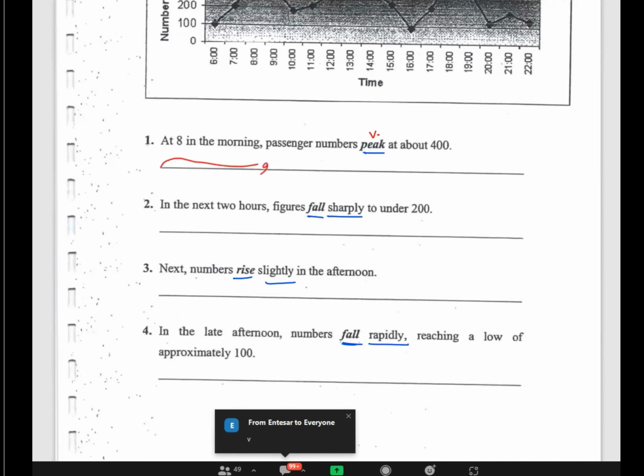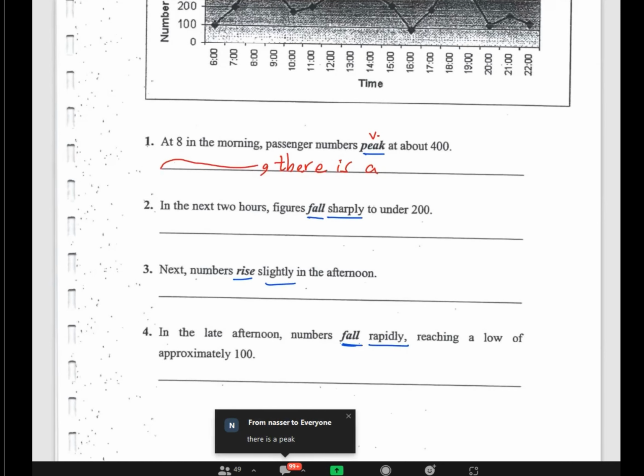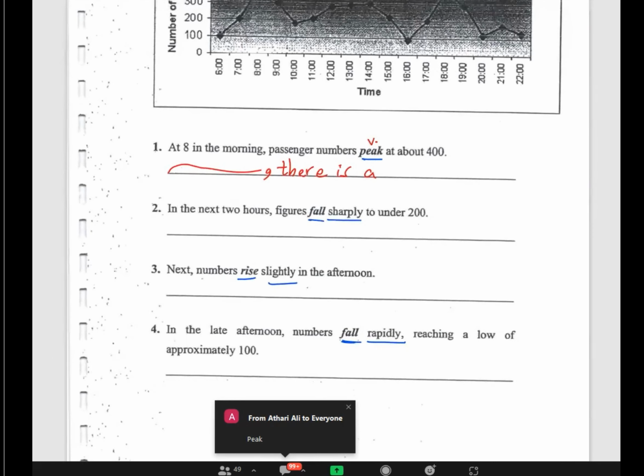Now, how can we make it as a noun? At 8 in the morning, what do we say? There is a, what is the noun of peak? Peak is peak. So peak can be a verb and peak can be a noun. There is a peak in numbers at about 400.